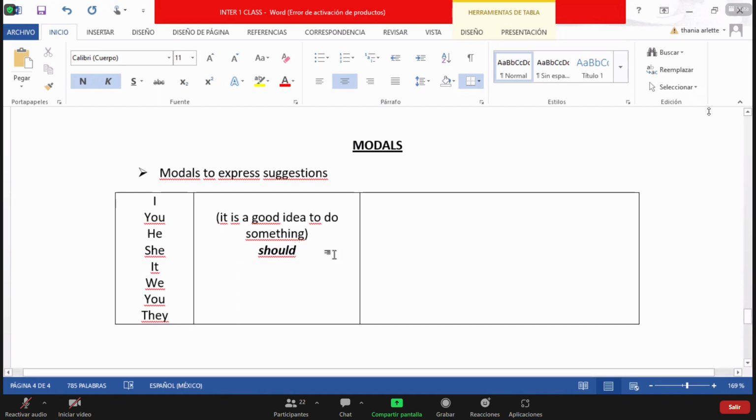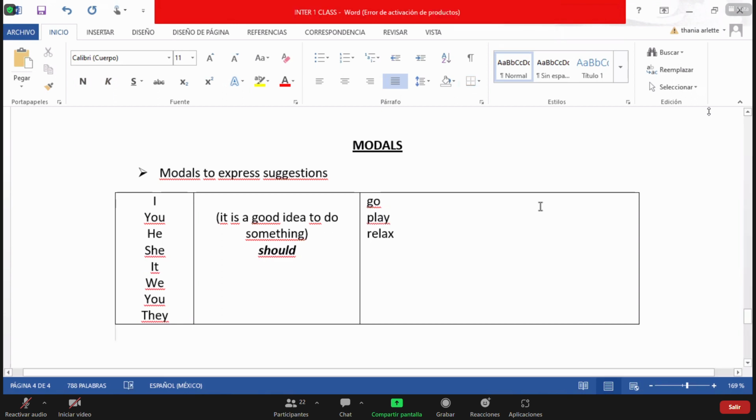Remember that should is followed by a verb in infinitive. I mean, you are going to say go, play, relax. But I don't need a capital letter here because this is almost at the end of the sentence. Okay, so relax.